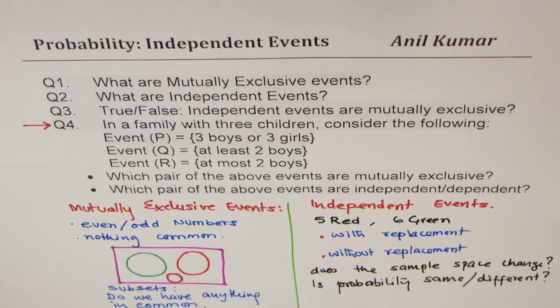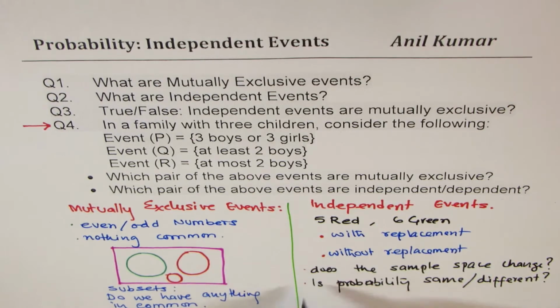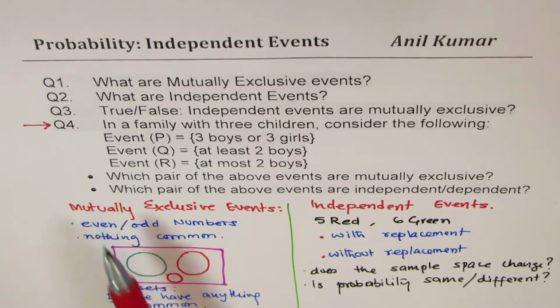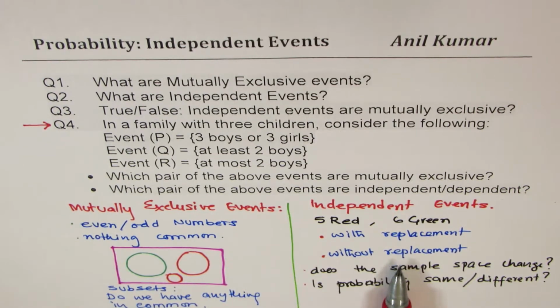Now, based on these questions, we decide whether it is independent event or not. Do you see that? So, if you compare these two parts, in independent events, we are not talking about subsets. In mutually exclusive events, we are not talking about probability, right?